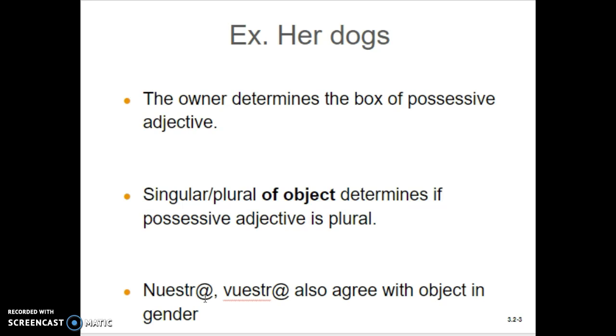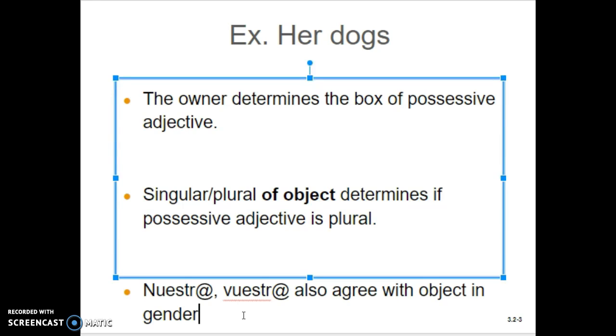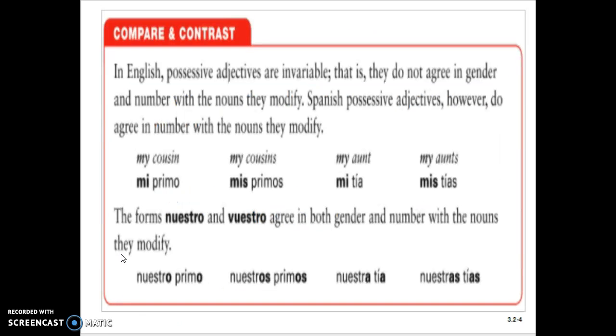If my possessive adjective is nuestro, or nuestra, vuestro, vuestra, so ours or y'all's in Spain's, then you also have to make it agree in gender. So for instance, if I'm trying to say our cousin or our aunt, our cousin, nuestro primo, versus our cousins, we add the S because cousins is plural, and we have to make it agree in terms of singular and pluralness with the item.